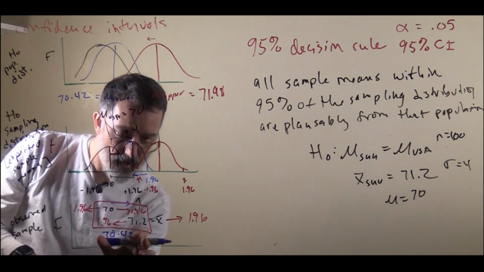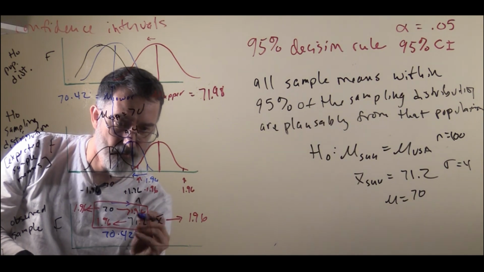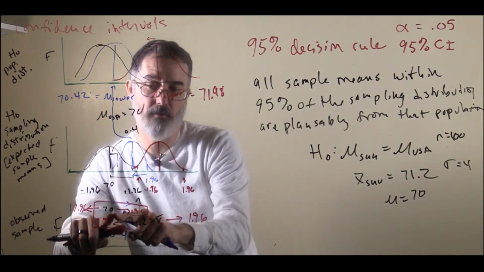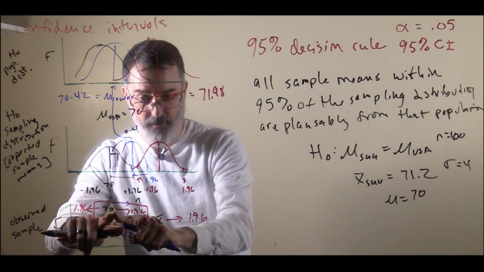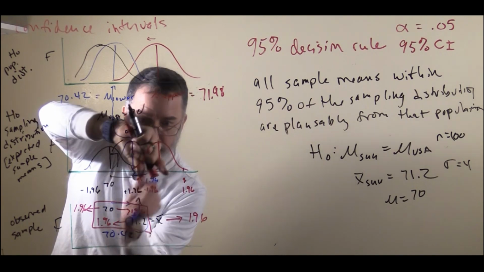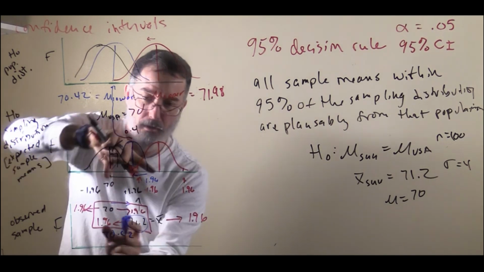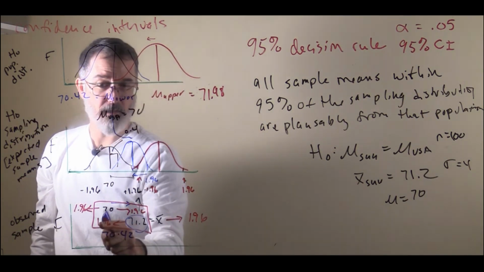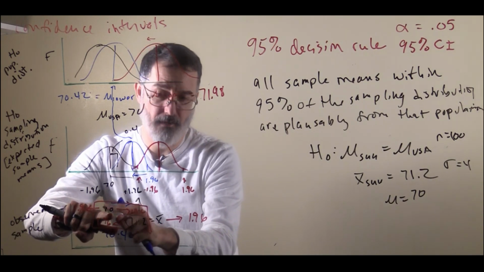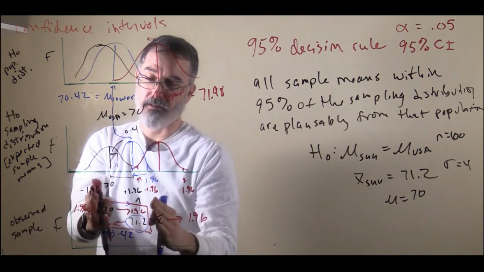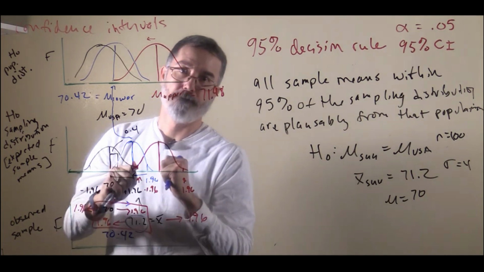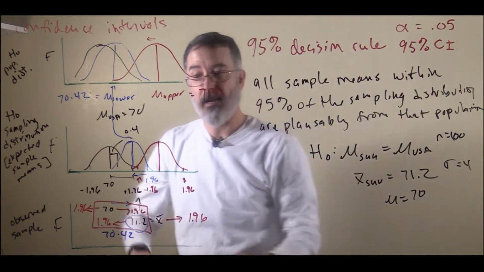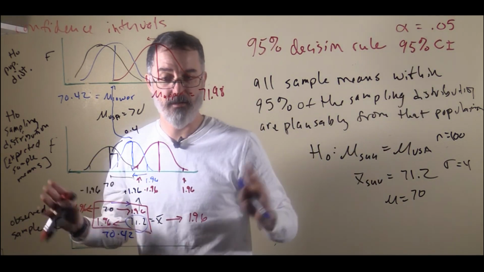So 70 is not a plausible population value for the observed sample mean, just like going the other direction, a sample mean of 72 is not a plausible value for a population with a mean of 70. Either way, 1.96, or whatever your critical value would be, is the same cutoff in either direction, and you end up making the same decision whether you're going from your sample mean up 1.96 or your population mean down 1.96. So you can use 95% confidence intervals to do z-tests, or you can do the z-test the regular way. Either way, you end up with the same decision every time.